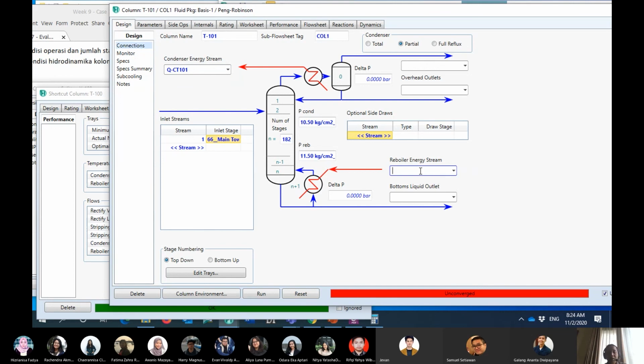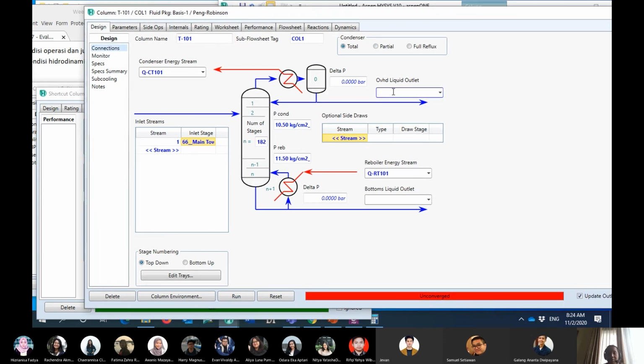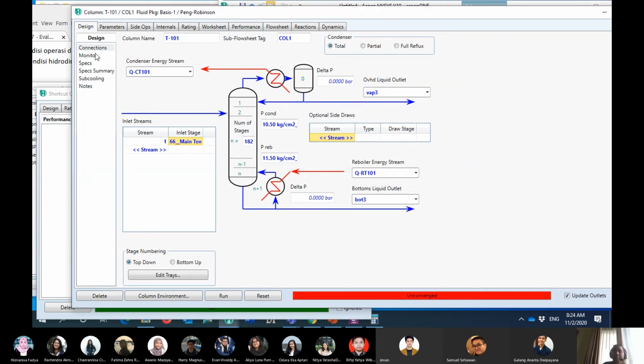Okay, for the reboiler, QRT101. Okay, so I will use not a partial, but I will use a total. Yeah, and then I will mention in here that this one, vapor 2 is already used, so I will use vapor 3, and then this one is bottom 3.